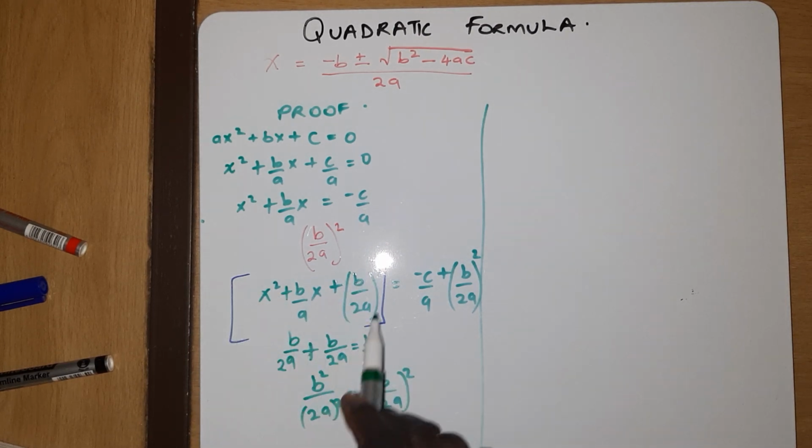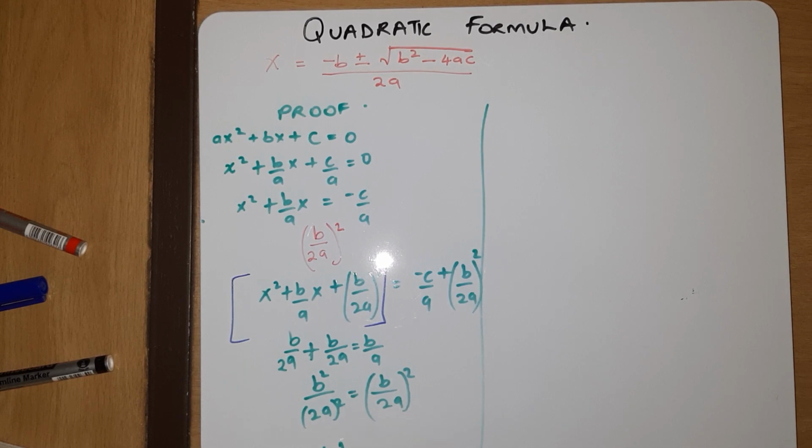So this quadratic alone can be written as x plus b over 2a squared. Then we bring this side down also, equals minus c over a plus b over 2a squared.